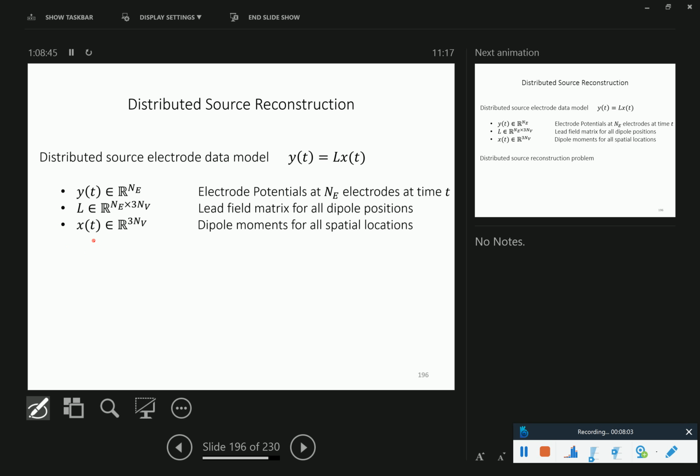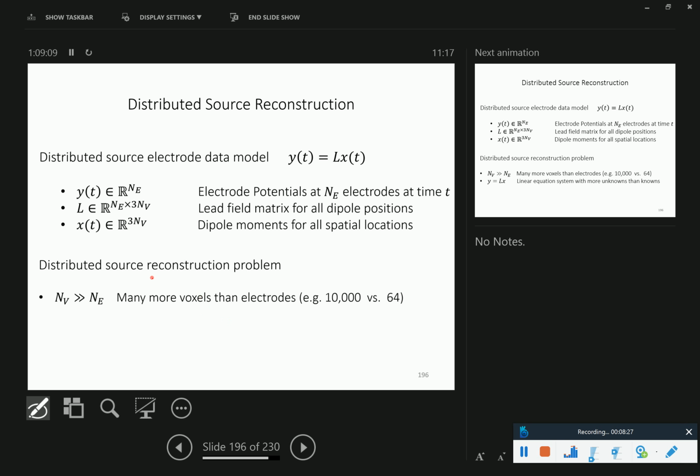So the parameters that make this whole thing ill-defined is that you want to estimate the moments for all dipoles at all these locations, and so you have 3 times the number of locations, the number of voxels, that you need to estimate. And the problem is, like I said previously, that you have many more dipoles than data points, and this leads to a linear equation system with more unknowns, which are these x's here, than knowns.